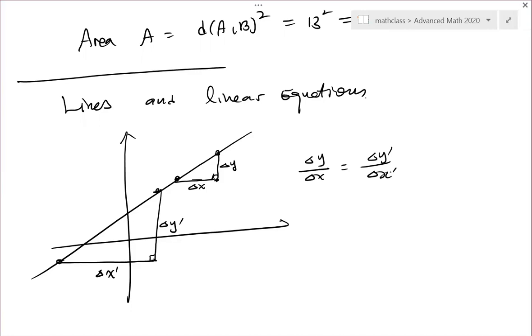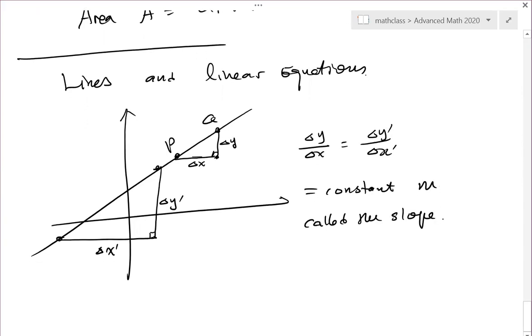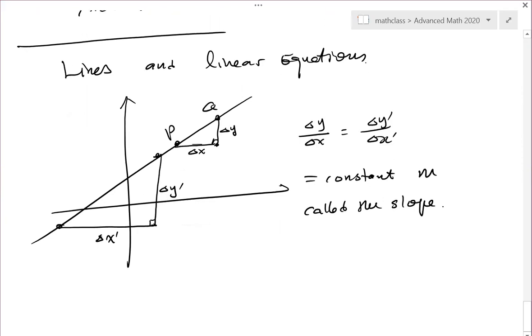You can enlarge delta y, change the location, and this will be a constant, independent of the choice of the 2 points, P and Q. And this is called the slope. This constant is denoted by m. So that's called the slope of the line. Okay, this is very important.